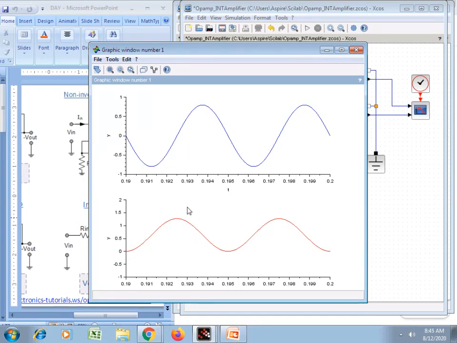It can be clearly seen that there is a phase difference of 90° between the input and output waveforms, as the integration of sine is minus cos, and since the circuit is in inverting mode, there is again a minus, so minus minus will get cancelled, so the net phase difference is 90°.